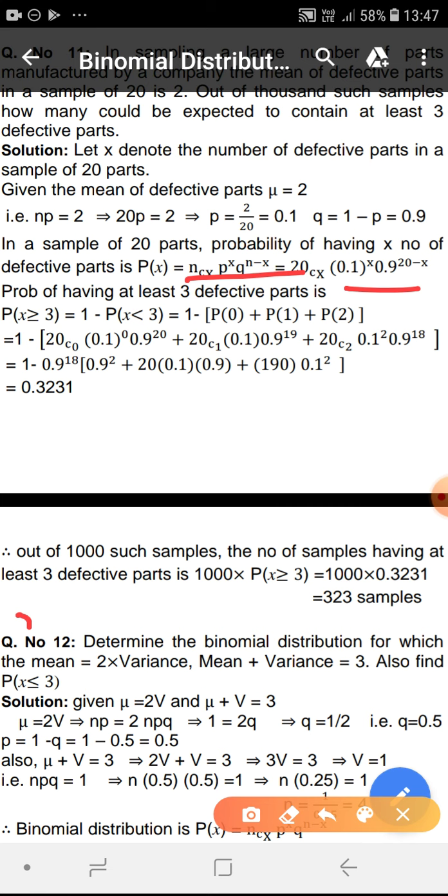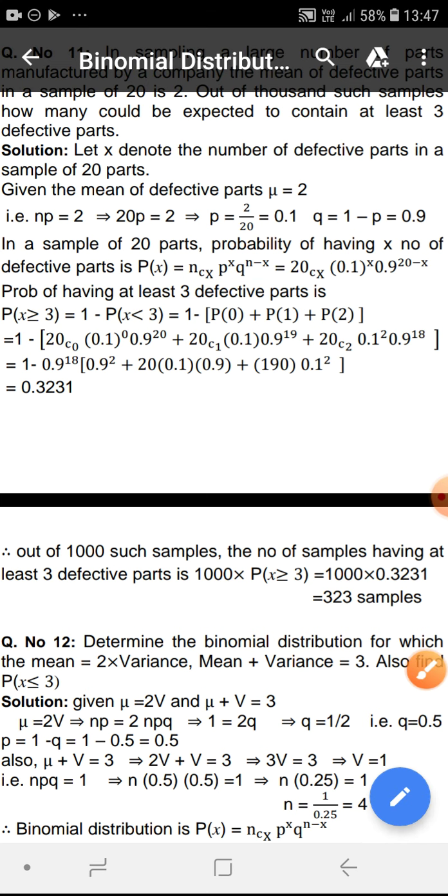In that sample of 20 parts, the probability that there will be at least 3 defective parts will be P of x greater than or equal to 3, which is 1 minus P of x less than 3. And P of x less than 3 means P of 0 plus P of 1 plus P of 2.